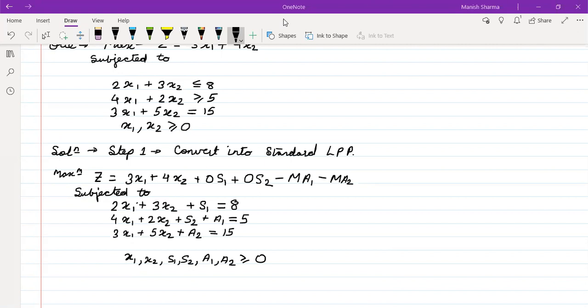This we have already discussed when we were discussing the maximization problem for the first time. If any slack variable or surplus variable is added to the objective function, they should not impact its value, and the only way to have no impact is by adding 0 as the coefficient. Anything into 0 will become 0.